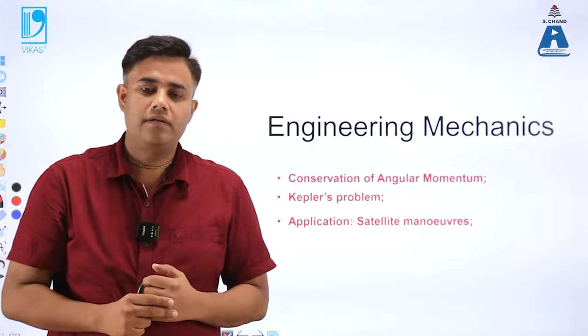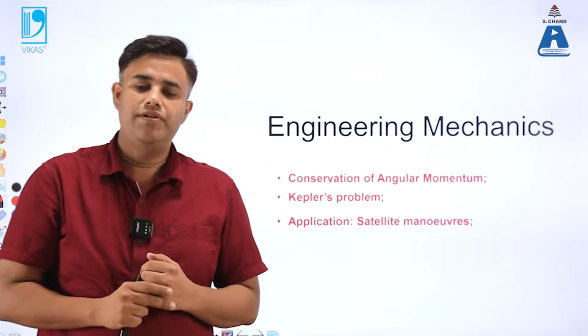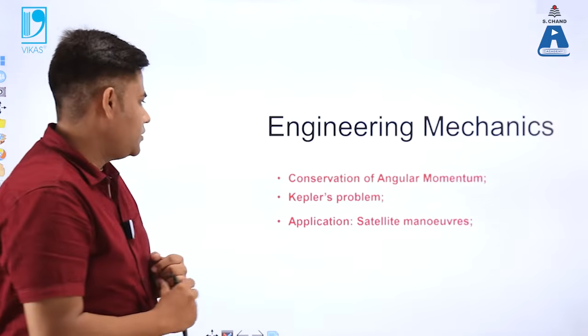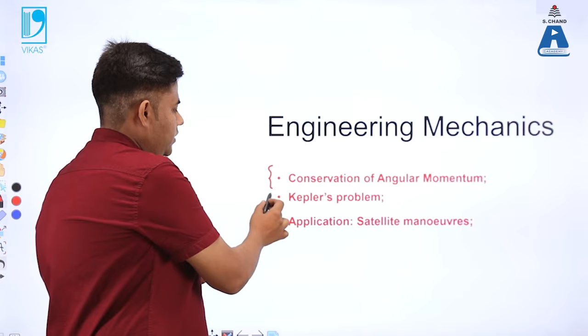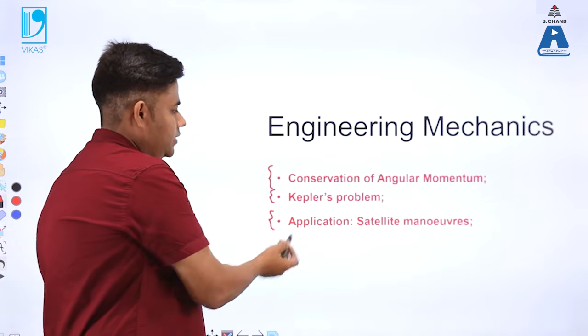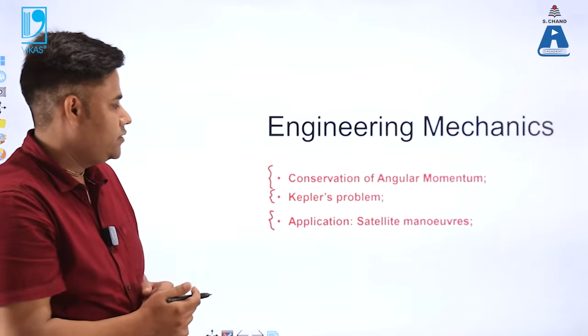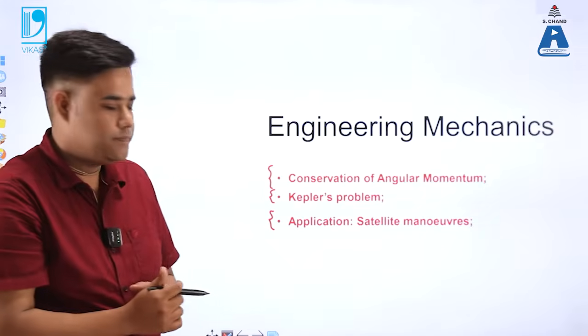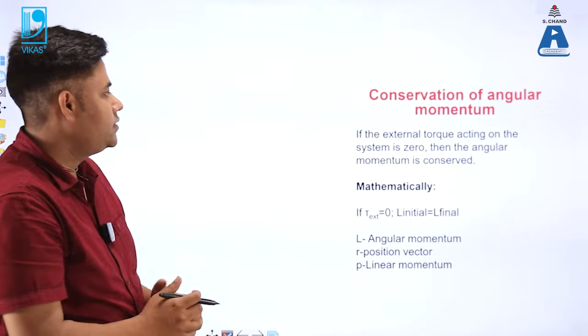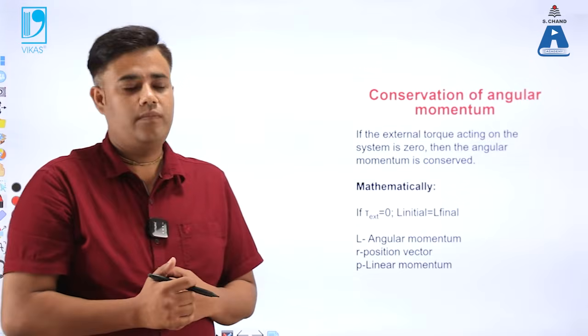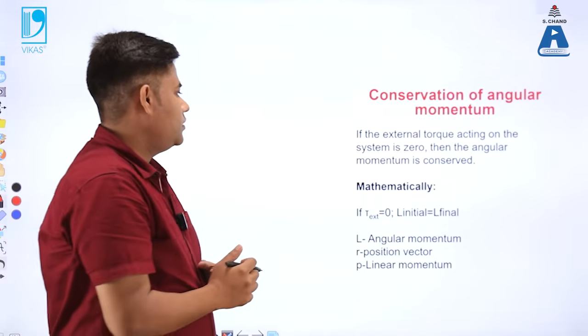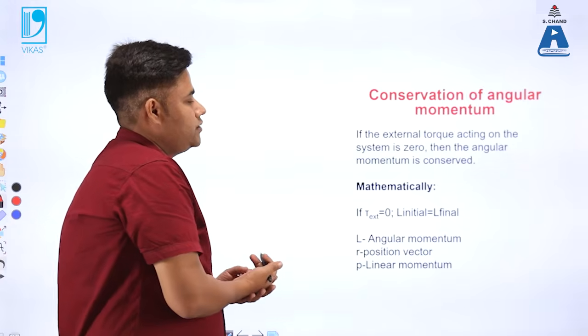The course that we are covering is engineering mechanics, and the topics are conservation of angular momentum, Kepler's problem, and certain applications, which is satellite maneuvers. Coming to the first part, conservation of angular momentum. So what is this angular momentum concept?